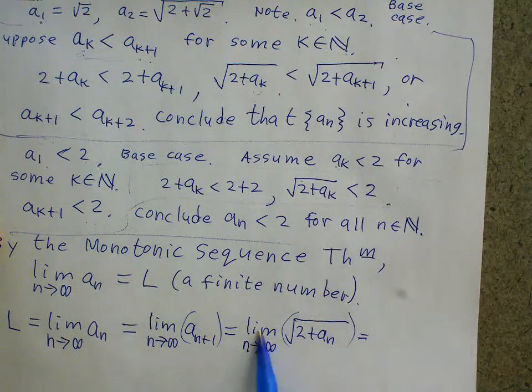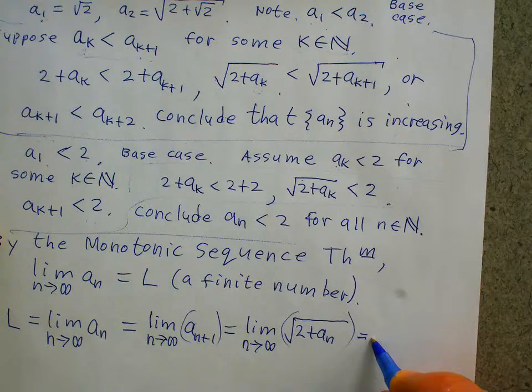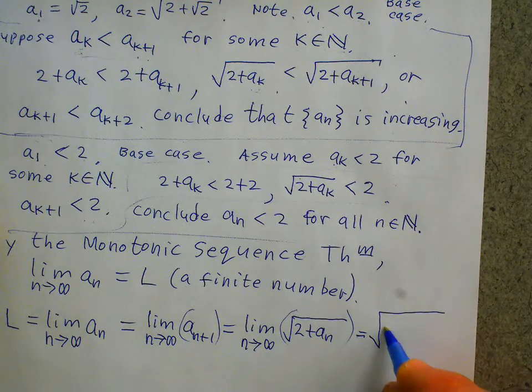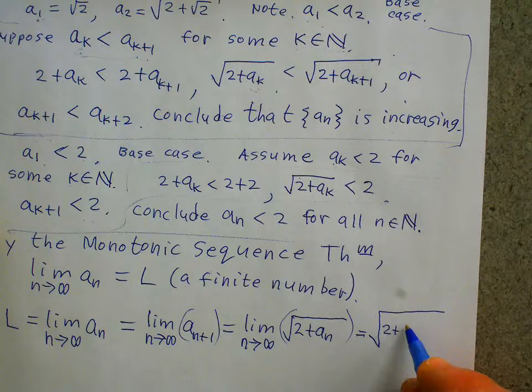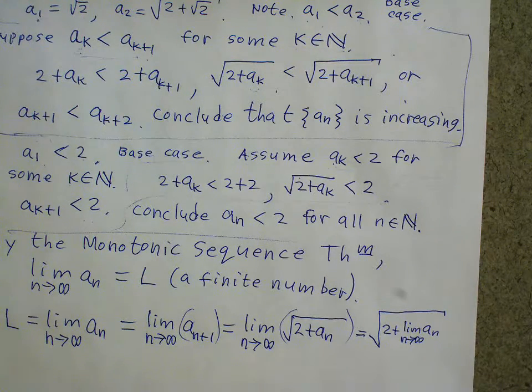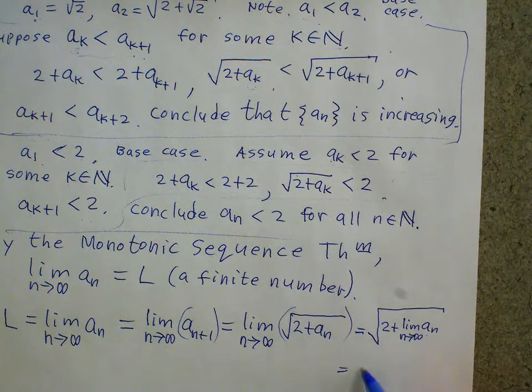And so the limit of the square root of 2 plus a sub n as n approaches infinity, using one of our properties from calculus 1, we can write this as the square root of 2 plus the limit as n approaches infinity of a sub n. But this limit is equal to L. So I'll just write what this is. This is equal to the square root of 2 plus L, right?